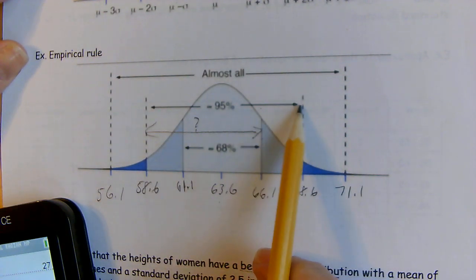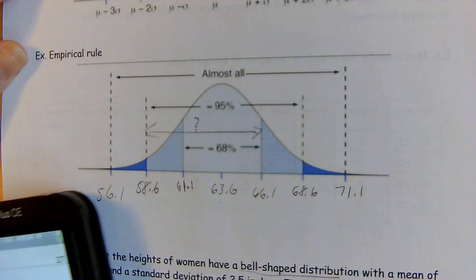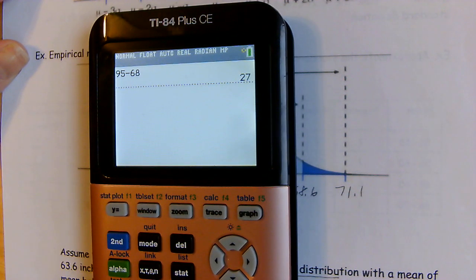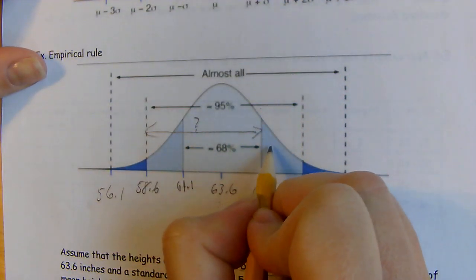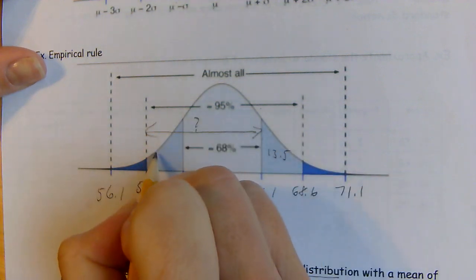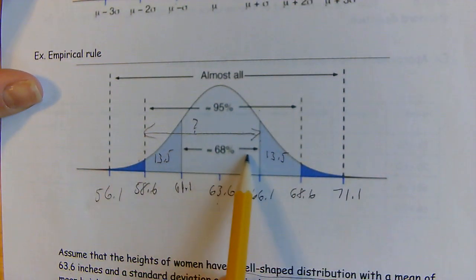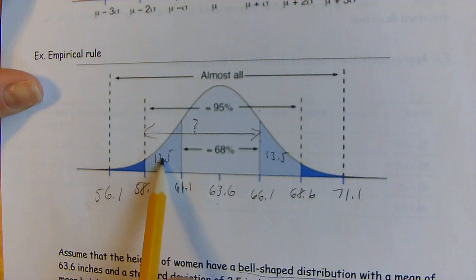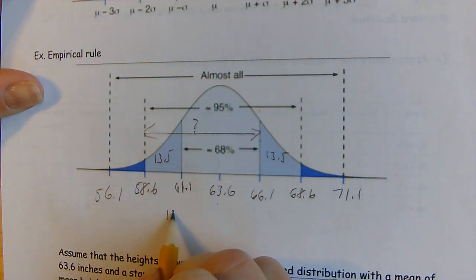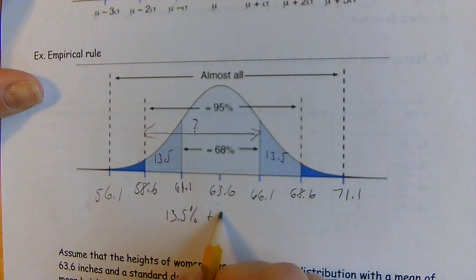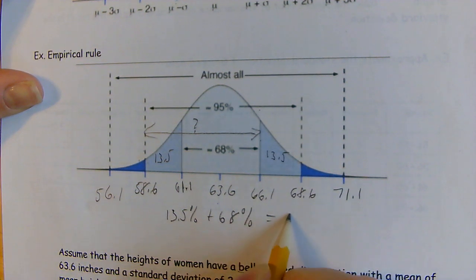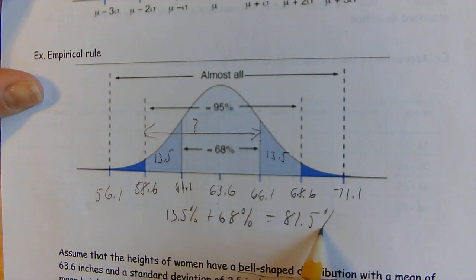But that's split between here and here. So if I divide that by 2, I know that 13.5 is in this light blue area. So if I want the percentage from here to here, I'm going to take 13.5 plus 68 equals 81.5%.